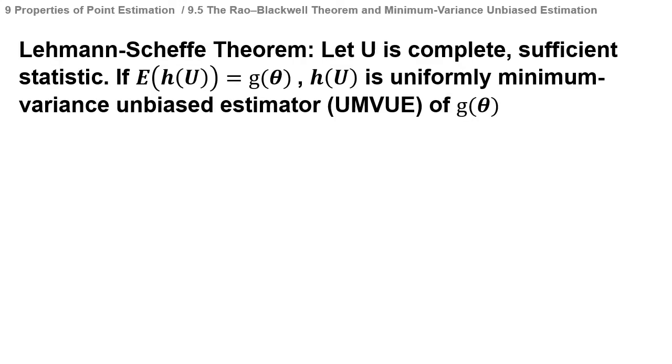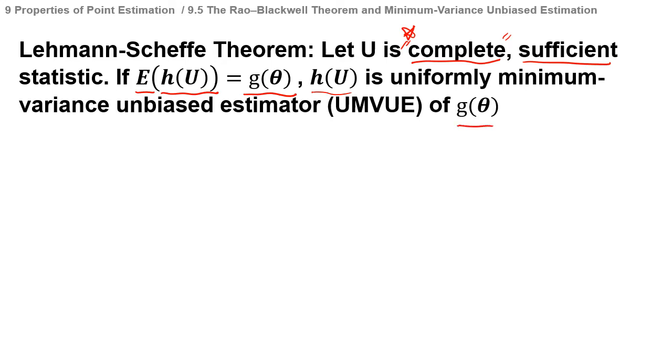So here is the Lehmann-Scheffé theorem. Let U be a complete and sufficient statistic. I didn't explain what complete means, but I will explain it intuitively later. Let me just give you the theorem for now. If the expected value of h(U) is g(zeta), then h(U) is the uniformly minimum variance unbiased estimator for g(zeta).